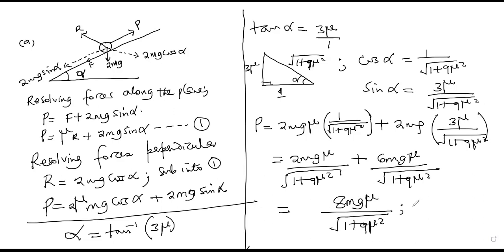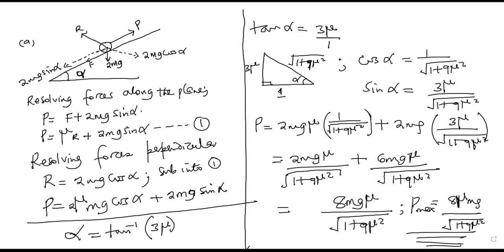Hence our P max is equal to, the way it was given, 8 mu mg out of the square root of 1 plus 9 mu squared. Is that okay? It is okay. Then let's go to part B.